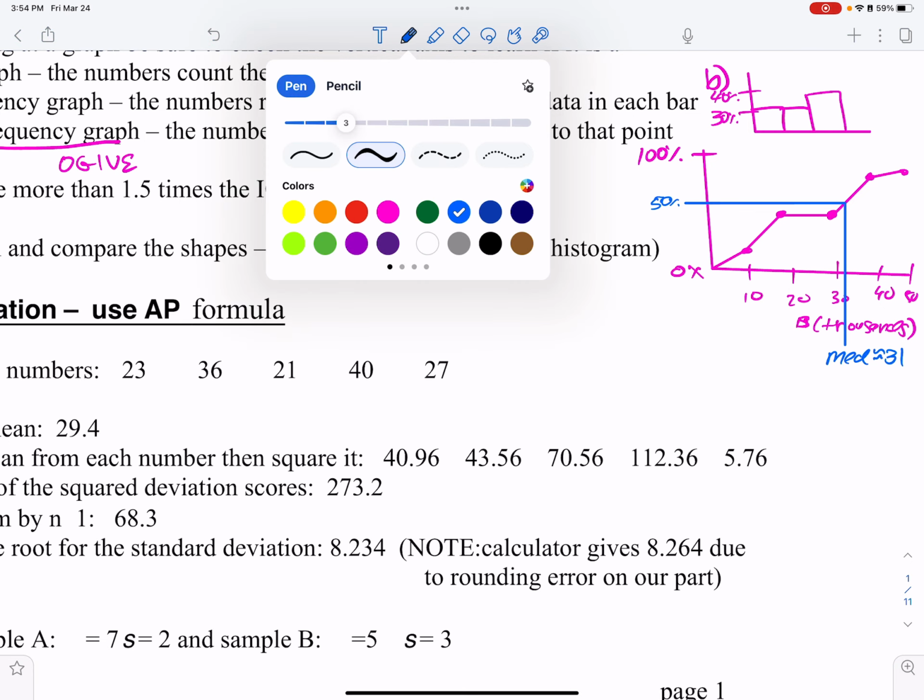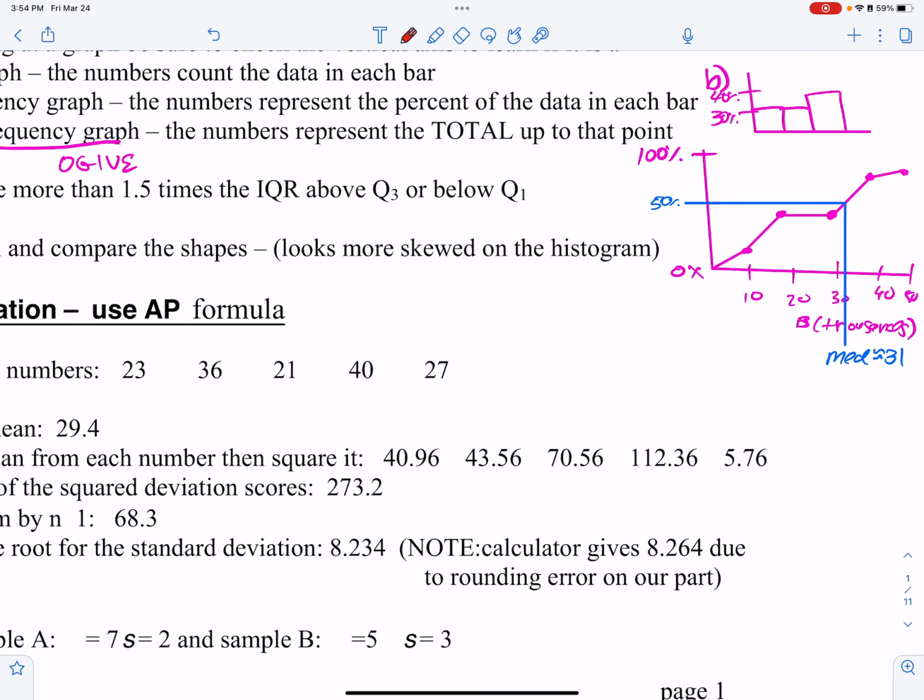If I ask you what the IQR was, then you do 75%, which is 45, and then 25%. So that's Q3. Q1 is 10. And so the IQR would be 45 minus 10, which is 35.